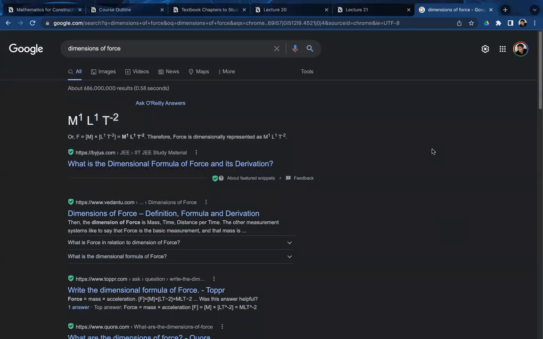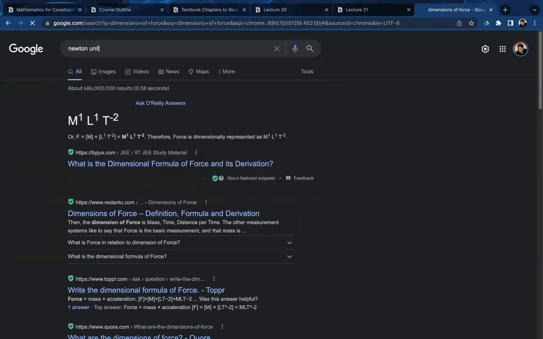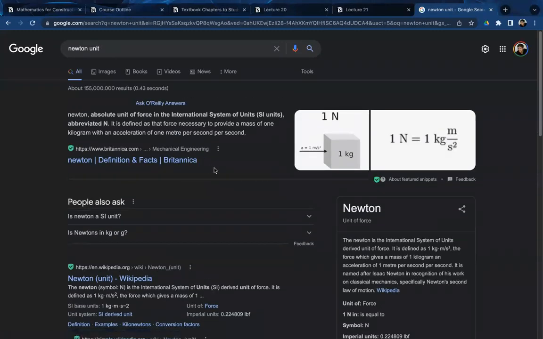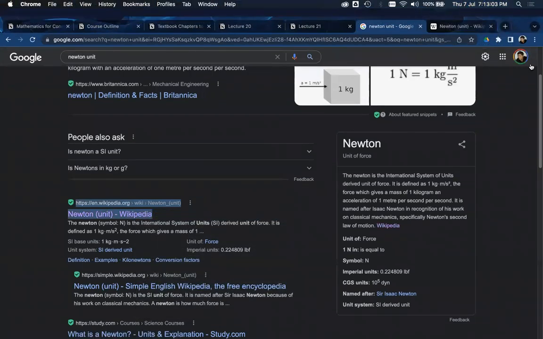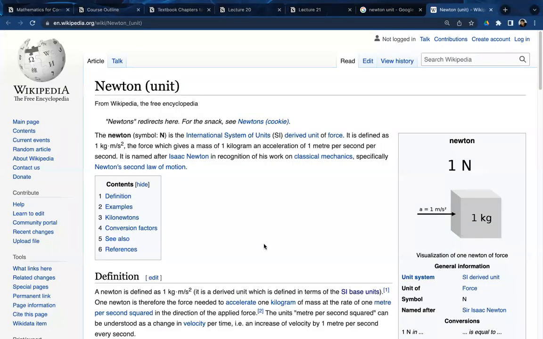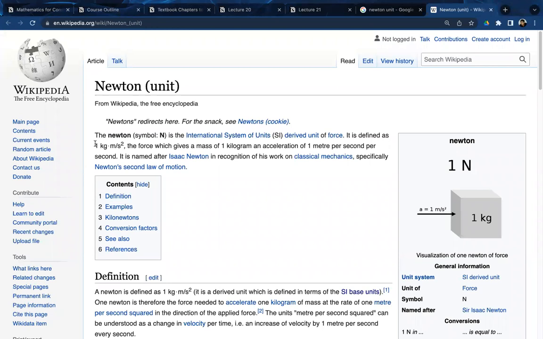You could just search Newton unit, and Wikipedia will bring it up here. Newton is the SI unit for force. It's defined as 1 kilogram meter per second squared.